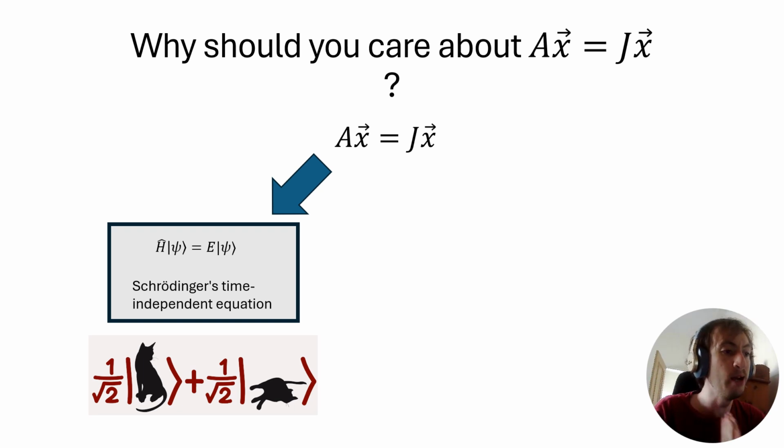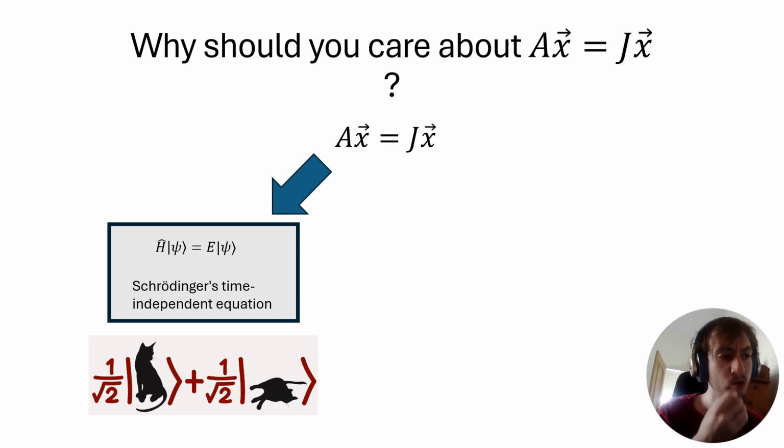However, if we're looking at a system where there is no time dependence, so its state doesn't evolve with time, and using Schrödinger's equation, you can actually deduce when this will happen. For a system that doesn't evolve with time, the Hamiltonian stops telling you about evolution of the system or changing the state.